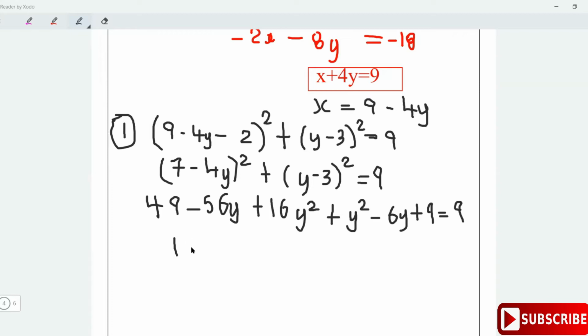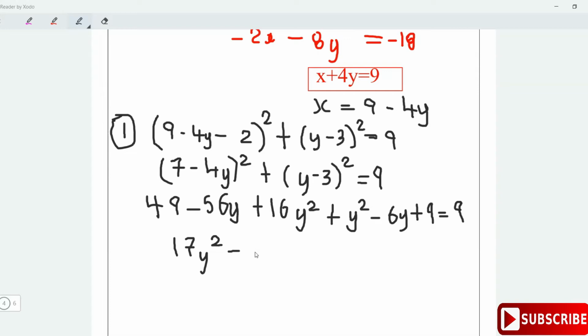So what we're getting is the 16y squared and y squared works out to be 17y squared. Then we have minus 56y minus 6y, that is minus 62y.